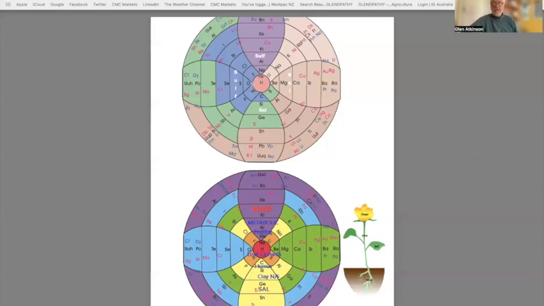So we get a contractive as opposed to an expansive process on the horizontal, but we can also see a similar process on the vertical axis as well. So we can bring all of these qualities into our understanding of how these elements are going to work with each other.